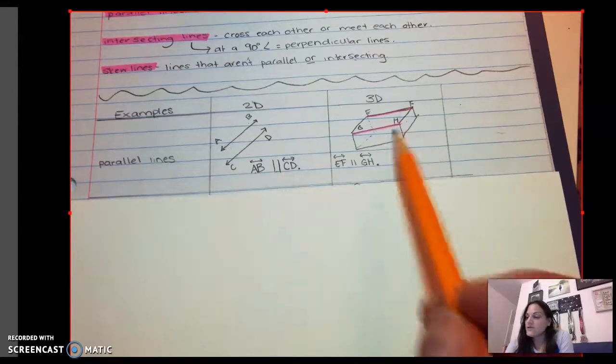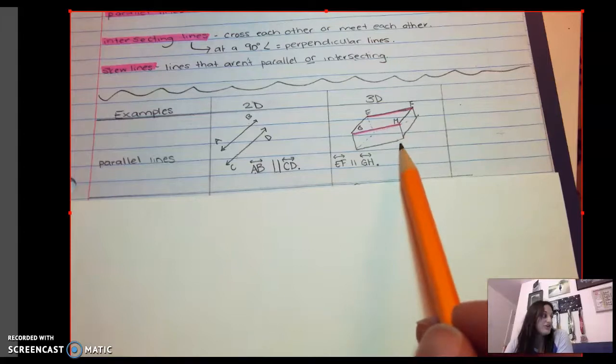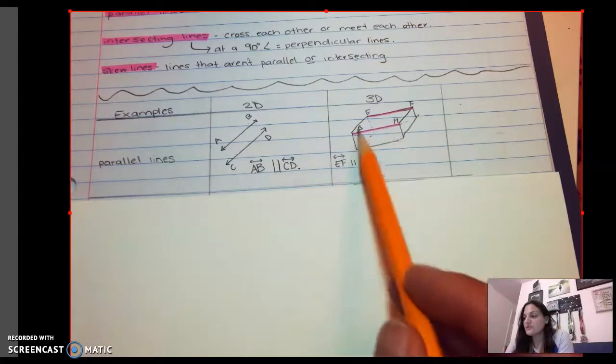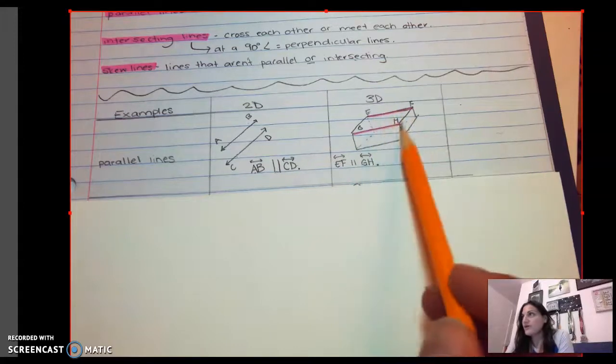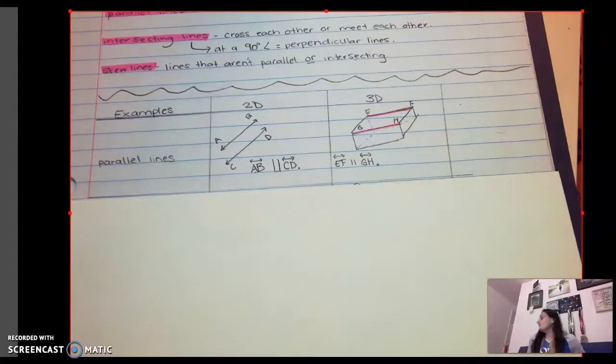All right, if you were to look at a 3D shape like this, which I represented on a 2D space, these two lines would be parallel, but it would be the same as if I had a box that looks like this.